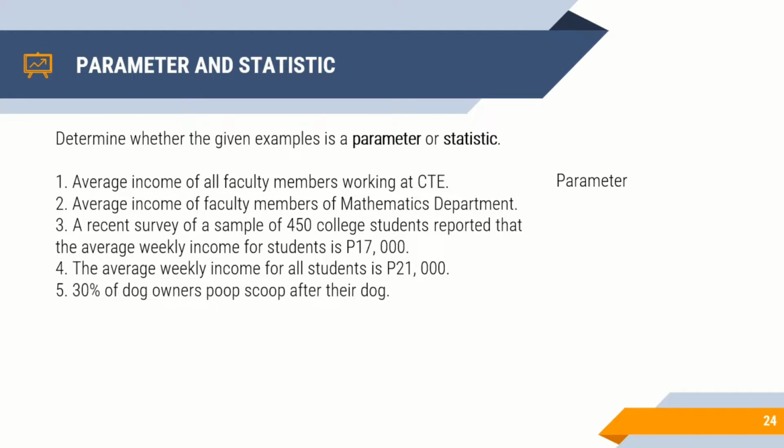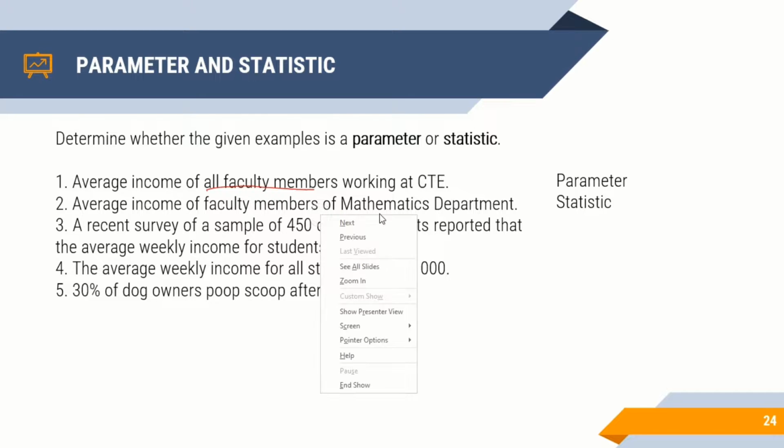It is a parameter since it describes the population, all faculty members. For the second one, average income of faculty members of the mathematics department. It is an example of a statistic since it only describes the faculty members in the mathematics department.